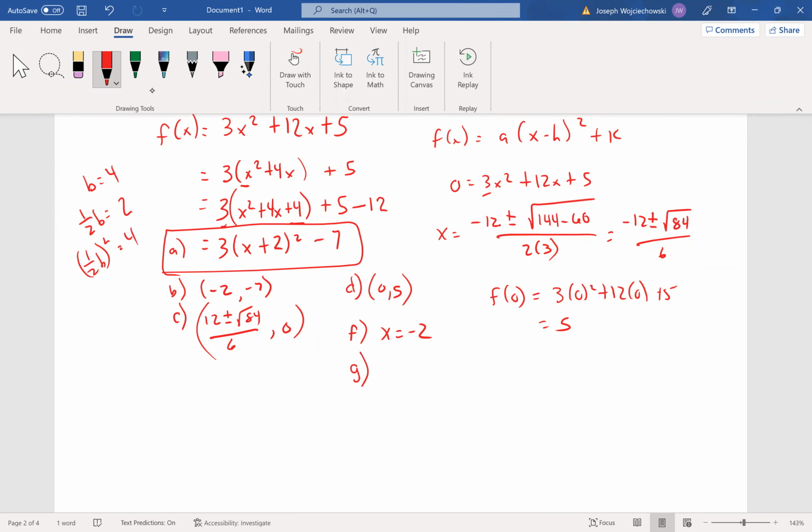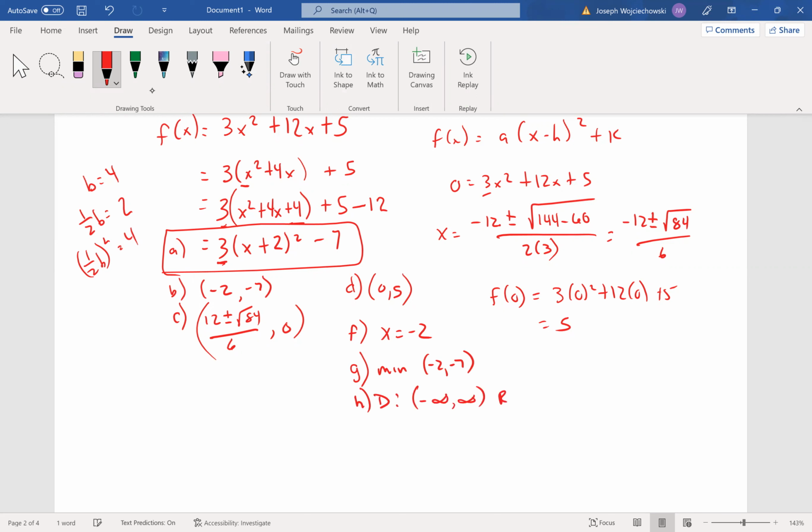G. Okay. Where are we at? There we are. A is positive, opens up. So we have a minimum at negative 2, negative 7. And H, our domain is negative infinity to infinity.